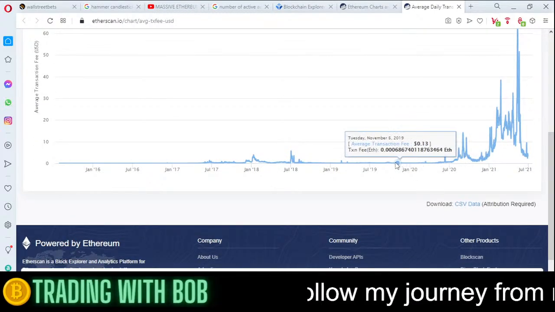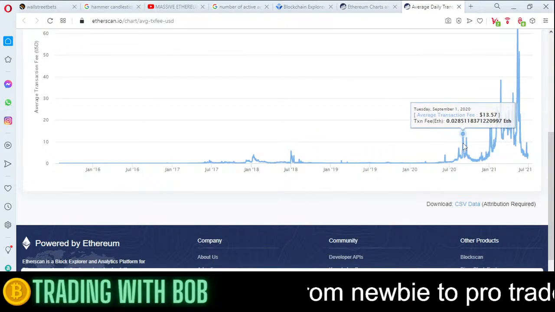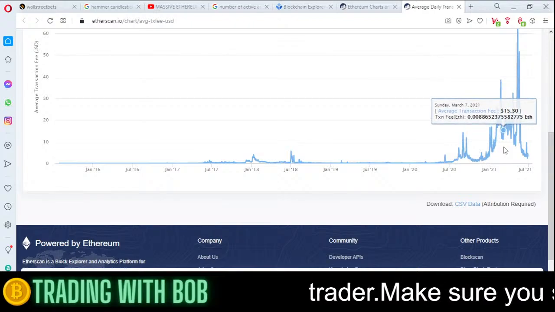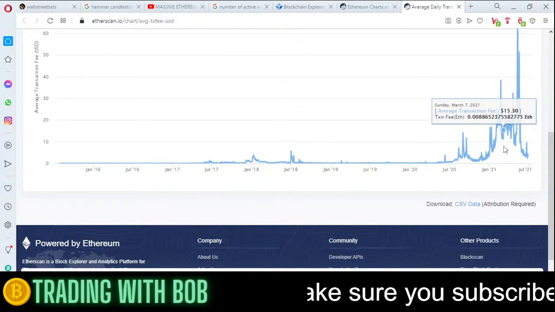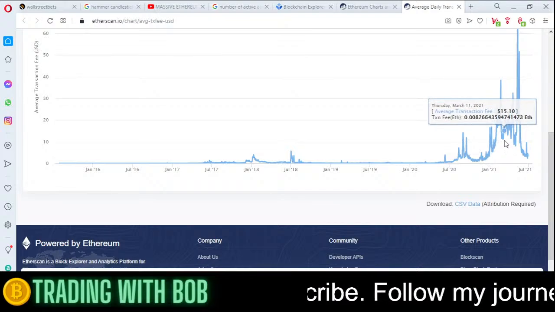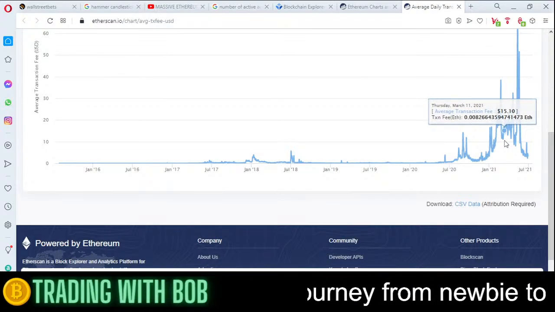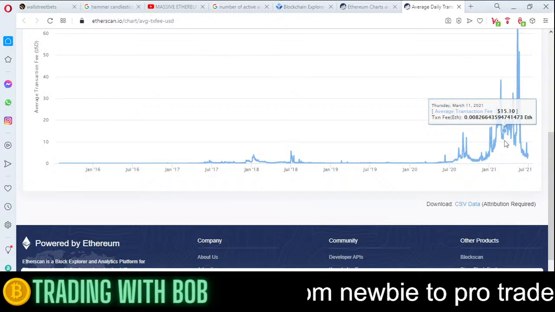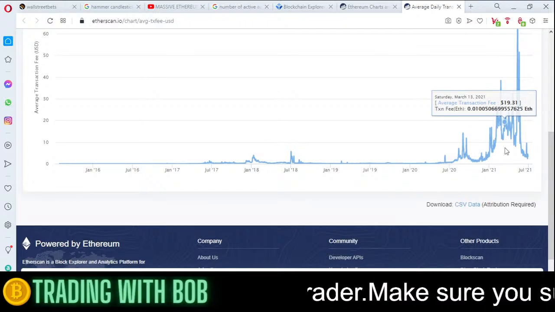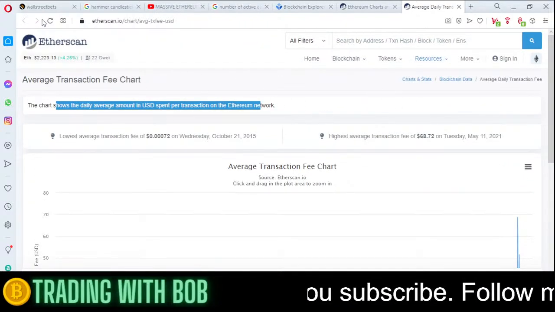Look at that back here. Look, this is why I hate Ethereum. When I was buying some SAND, I was buying around £300 worth of SAND. Guess how much I had to pay in fees. I had to pay £150 in fees. This is why I hate Ethereum.